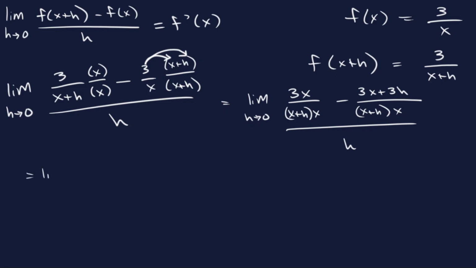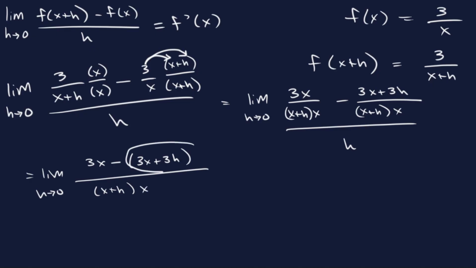So we can rewrite this as the limit as h approaches 0 of 3x minus 3x plus 3h. Make sure to put that whole second term in parentheses, simply because it is minus the entire thing, and then all of this over h. And how does this help us?